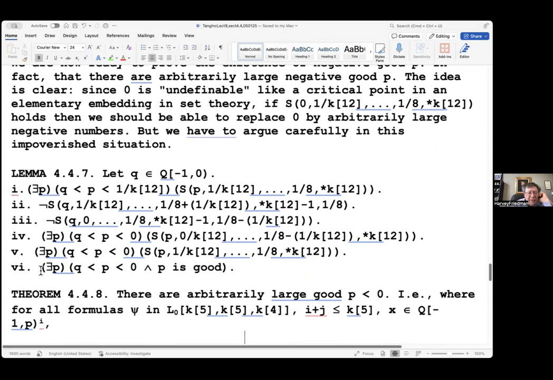Let me say a little bit about how this works. See, this ends in this. This is what we want, right? That there is a good P that's bigger than Q and smaller than zero. This is clear because you can set P to be zero.